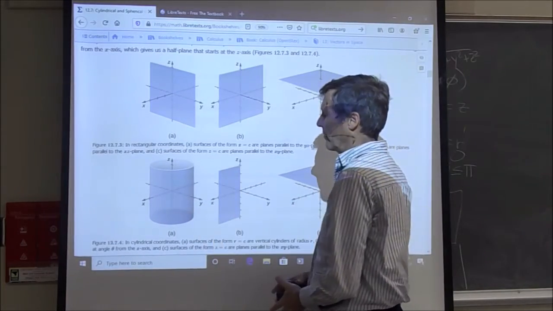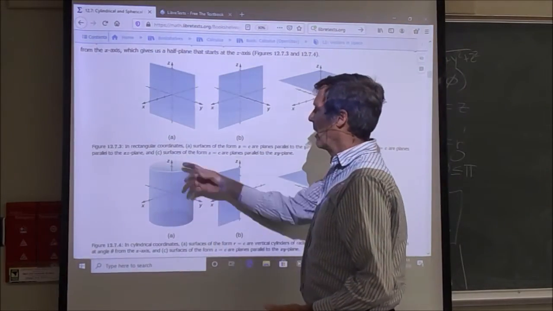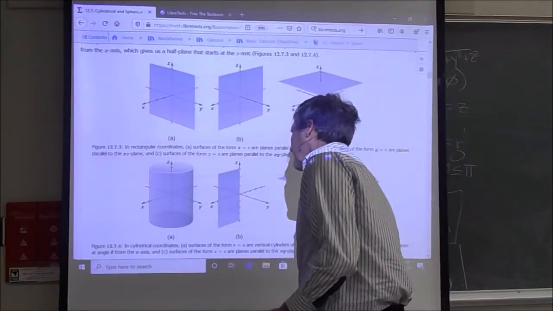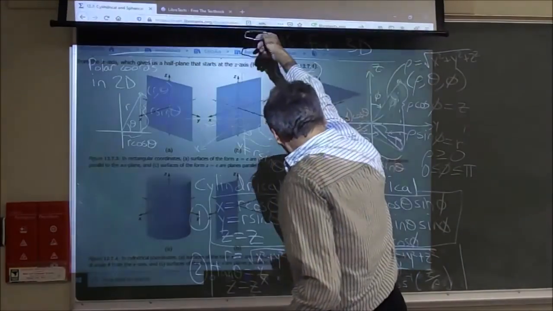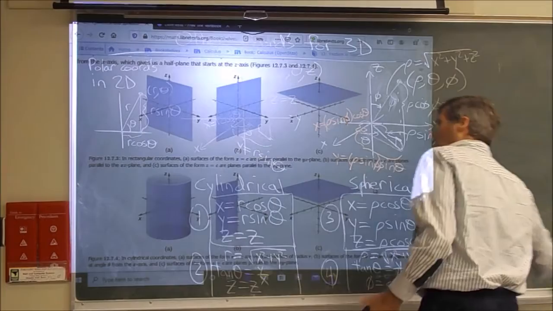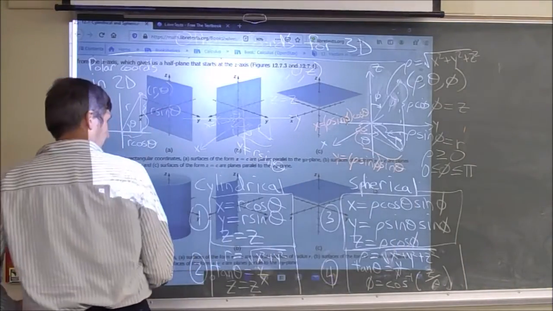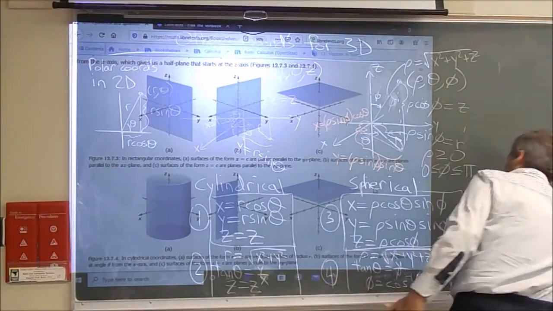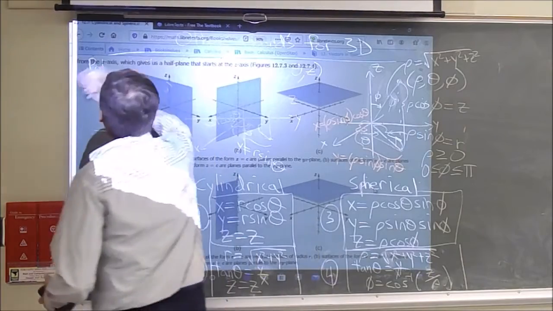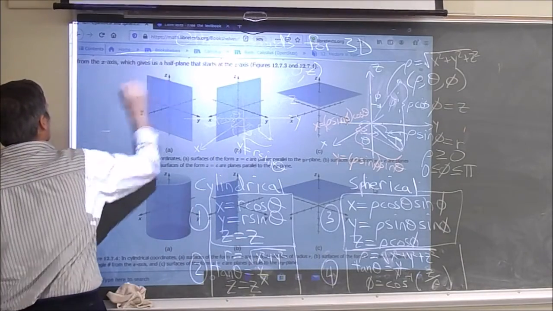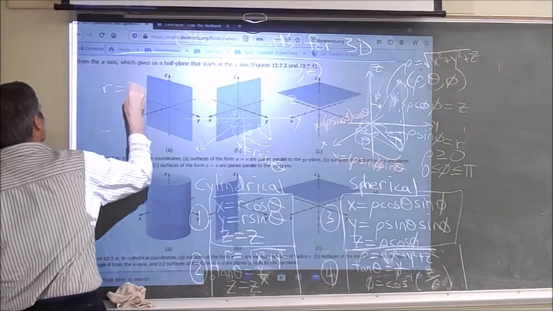Suppose this is my equation in cylindrical coordinates now, r equals 2. I can get rid of the polar coordinates. What does the graph of r equals 2 look like?